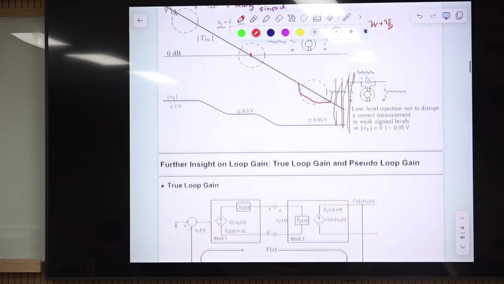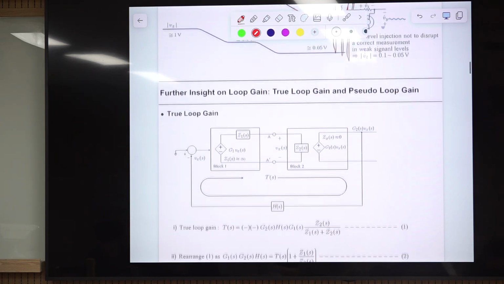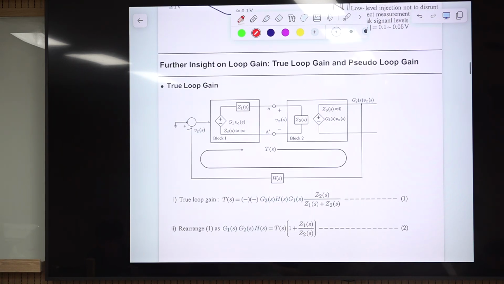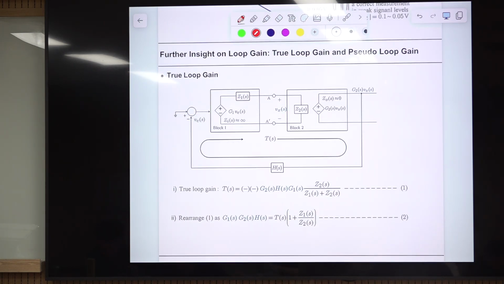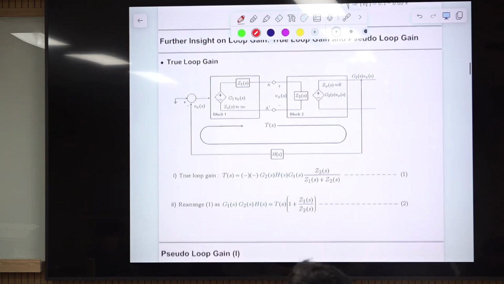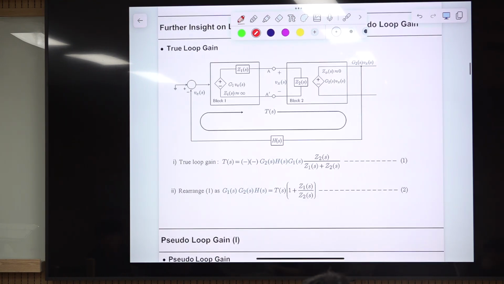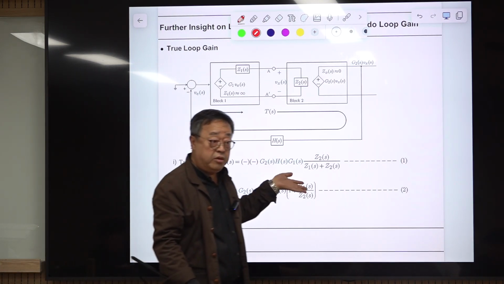All right. And another one. This is also important. I titled it further insight on the loop gain, and the difference between the true loop gain and the pseudo loop gain is explained here. This is taken from Middlebrook's paper.